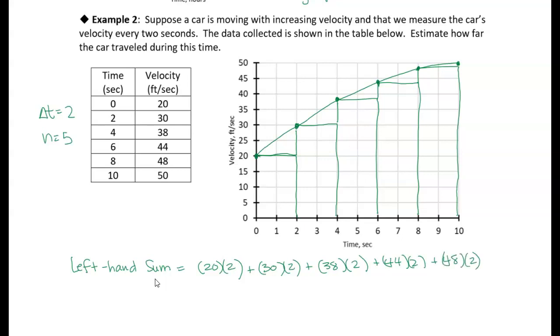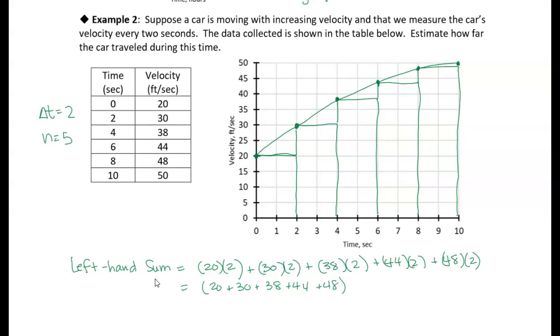Okay, you can put that all in your calculator, but I prefer to factor out that 2. So if I'm doing Riemann sums, essentially what I'm going to do is take all those data points, 20 plus 30 plus 38 plus 44 plus 48, right?